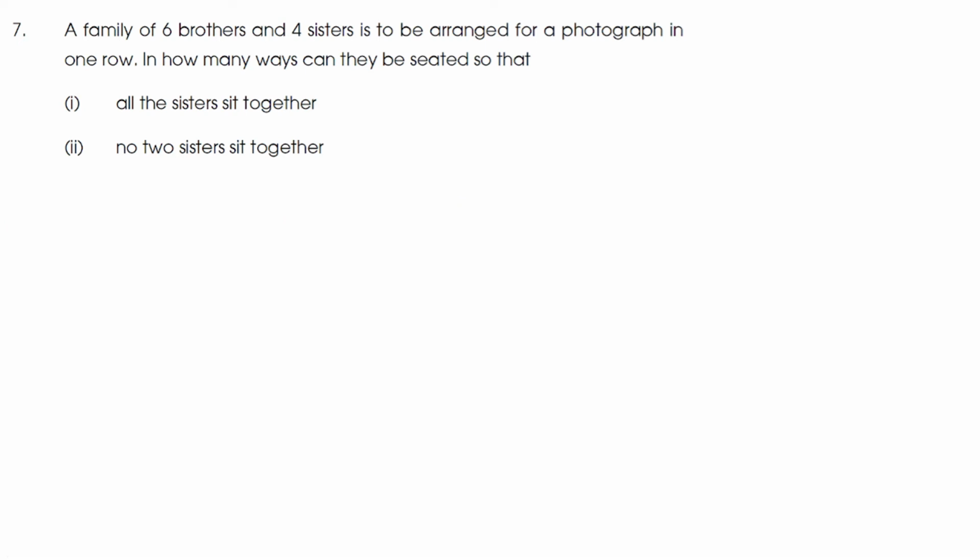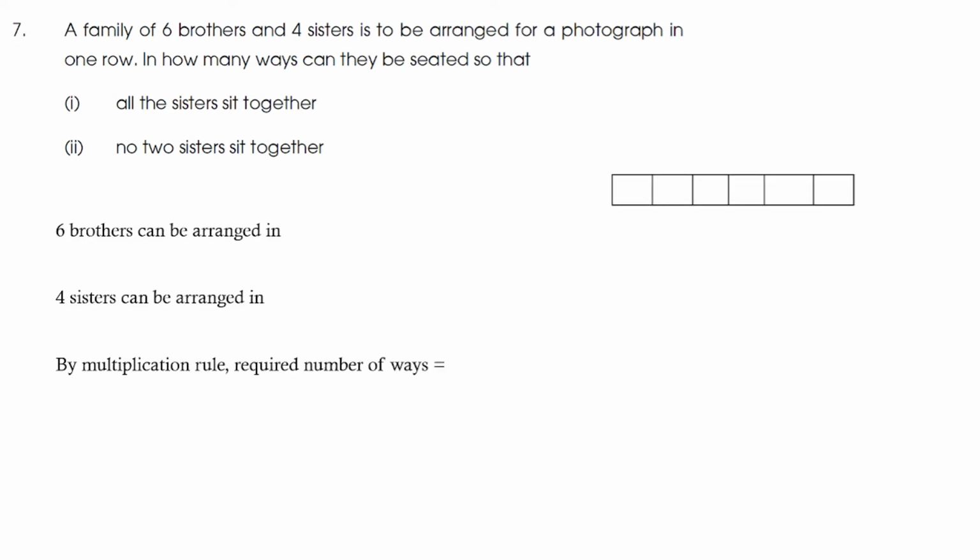Now moving on to the second subdivision, when no two sisters sit together. So here we have the 6 brothers who can sit in 6 places. So 6 brothers can be arranged in 6p6 ways, which is equal to 6 factorial. And here no sisters should sit together.